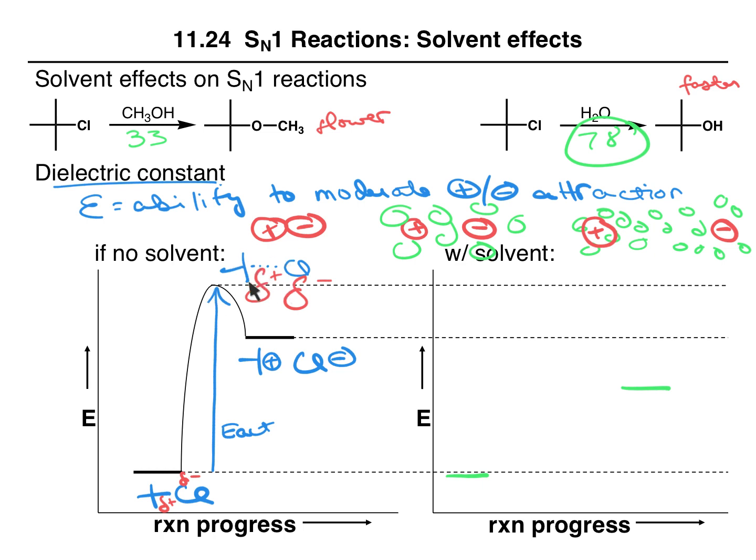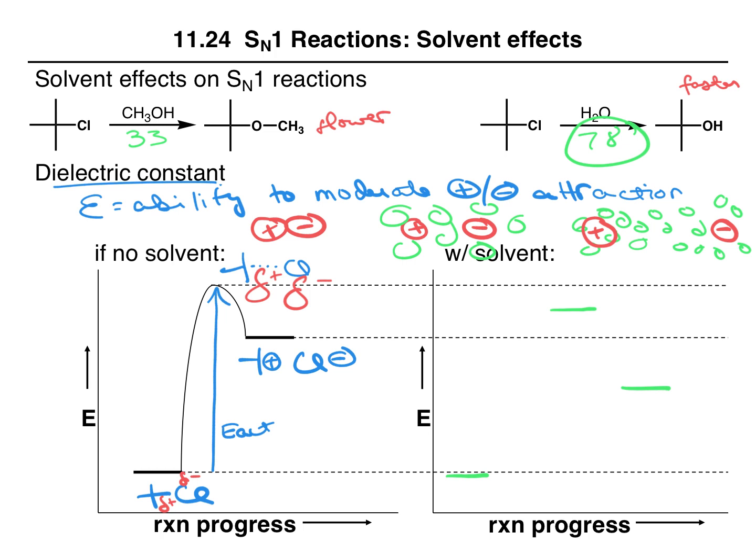Here, because we have a bigger partial positive and a bigger partial negative compared to what we had here, a solvent with a high dielectric constant is going to be more effective at stabilizing this species. And so maybe this is going to be stabilized this much, right? So instead of being at this energy, it'll be stabilized down to this energy.